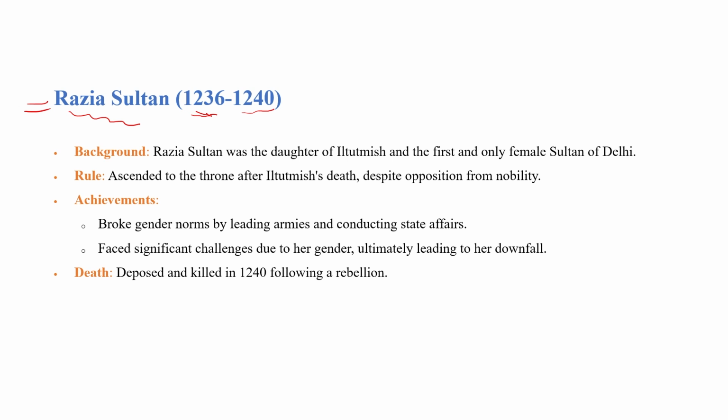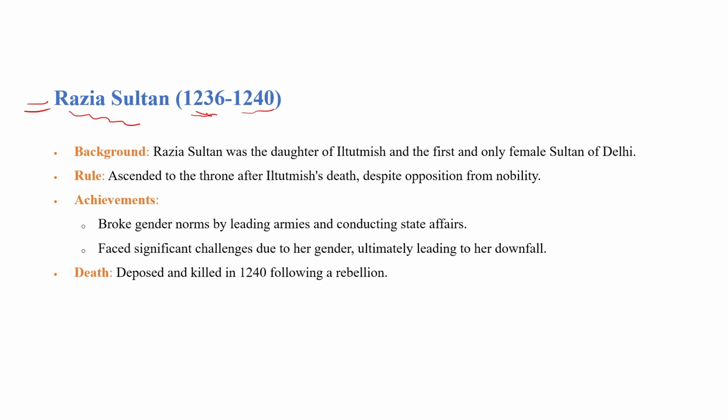She was the only female who abolished the burqa and started wearing kaba and kula. Kaba means cap and kula means kurta. So she abolished the burqa, and in place of the burqa, she started wearing the cap and kurta.